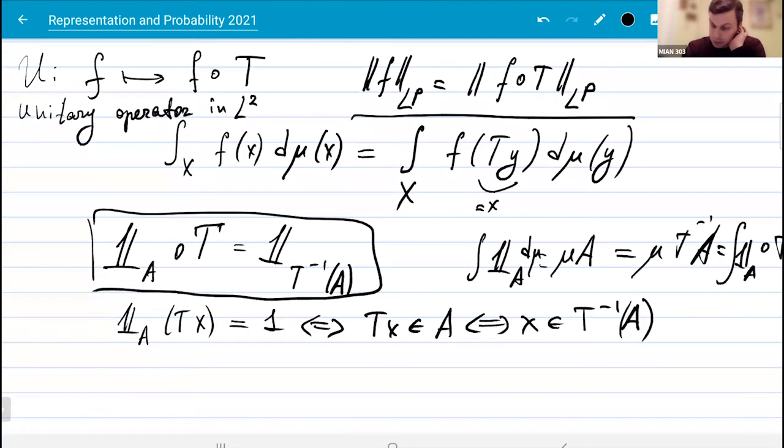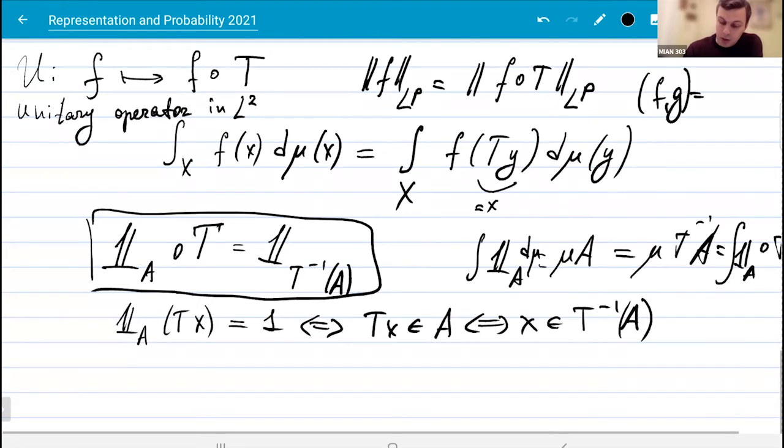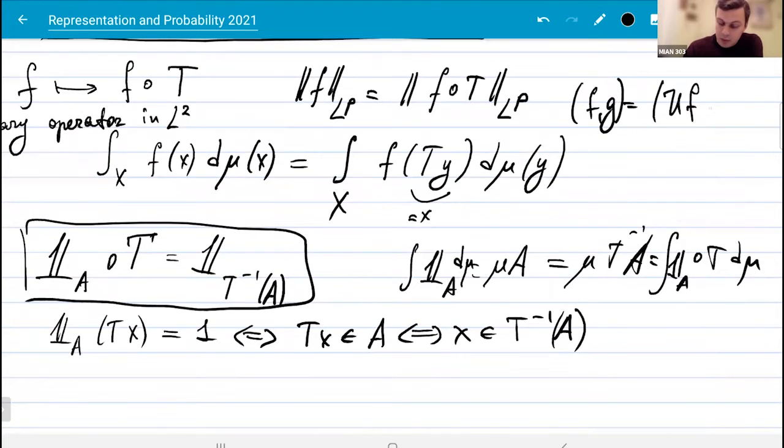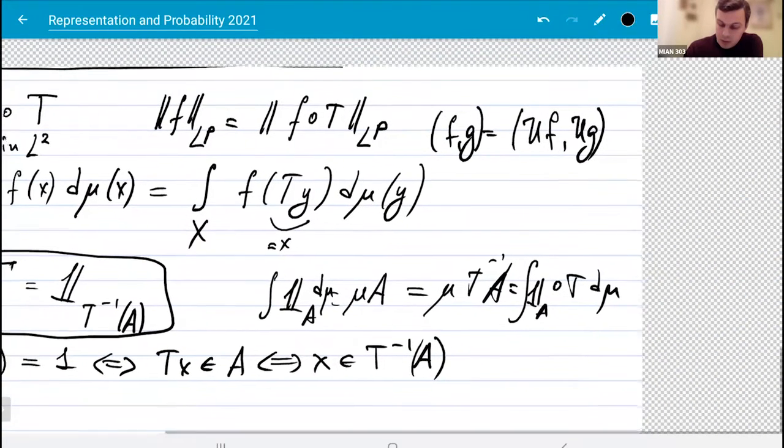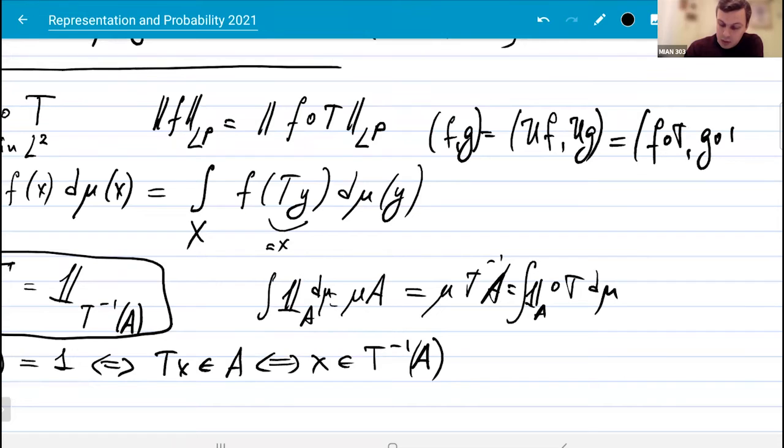But of course, in L2, you can consider not only norms but also scalar products, and say that the scalar product of f and g equals the scalar product of Uf and Ug, which is just f in composition with T, g in composition with T.